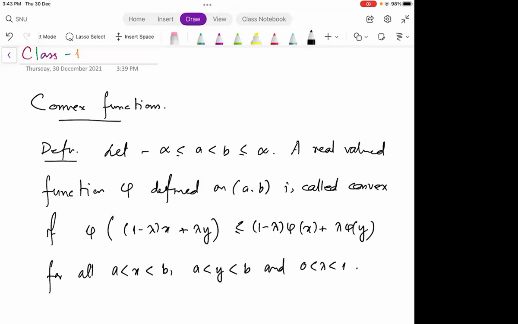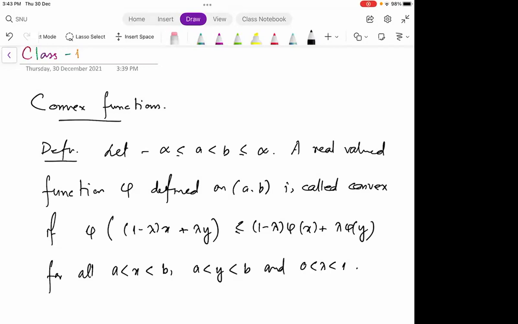This thing, (1 minus lambda) x plus lambda y, or lambda x plus (1 minus lambda) y, which is really the same thing, I mean, the role of lambda changes, they are called convex combinations. So (1 minus lambda) x plus lambda y is called a convex combination of the points x and y. Convex combination, not linear combination, when it's of this form.